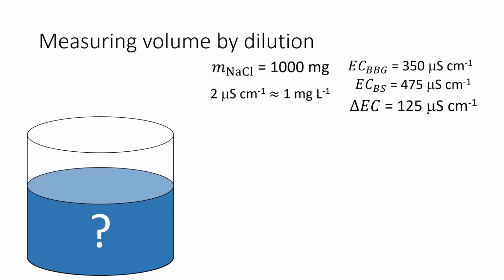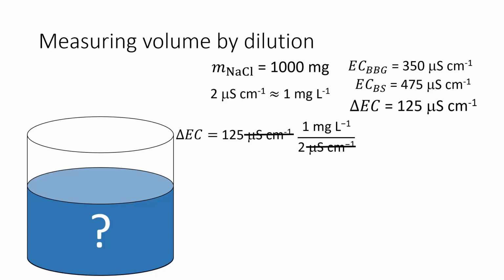And remember, we know this relationship that a 2 microsiemen per centimeter change is dimensionally equivalent to a 1 milligram per liter change in concentration. So we can set this up very similar to a unit conversion, where we can take the change in electrical conductivity and come up with a change in concentration with a simple unit conversion type calculation.